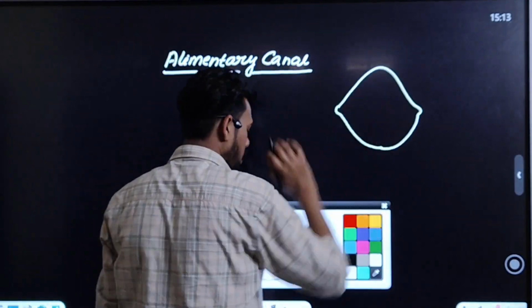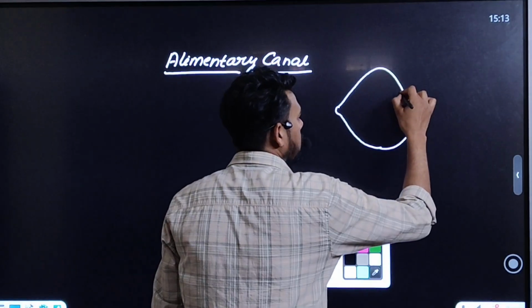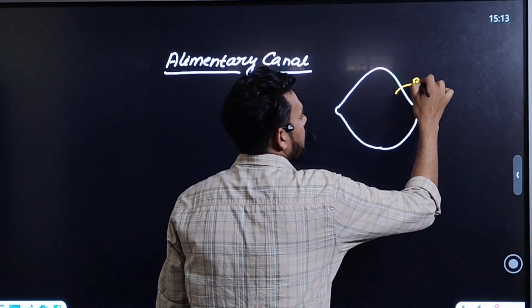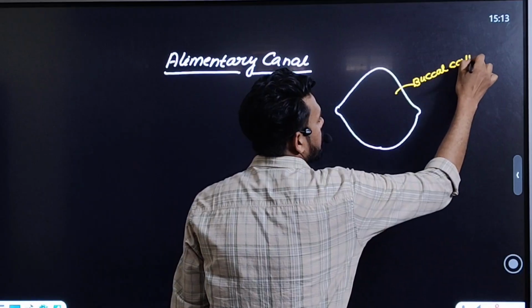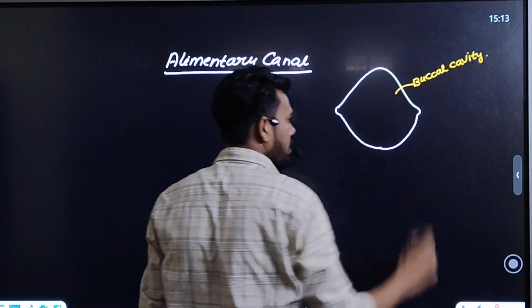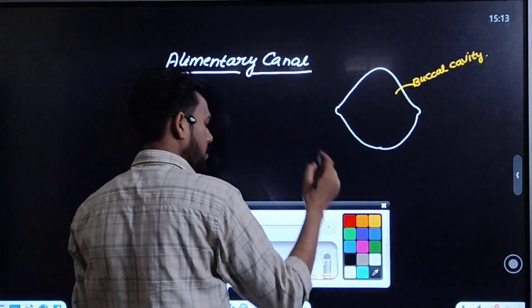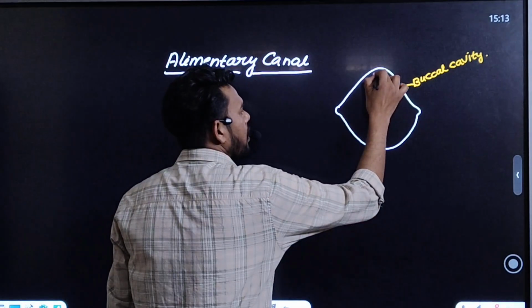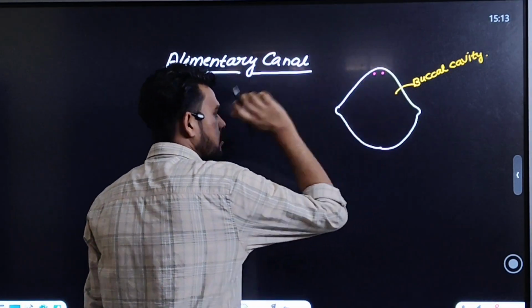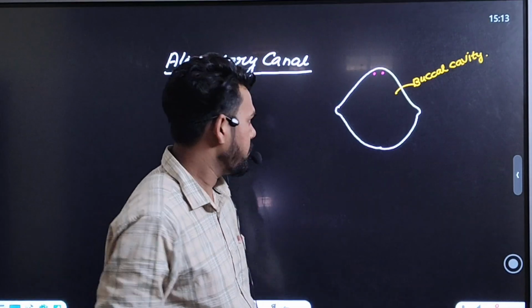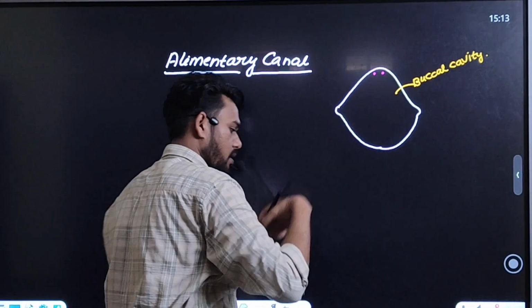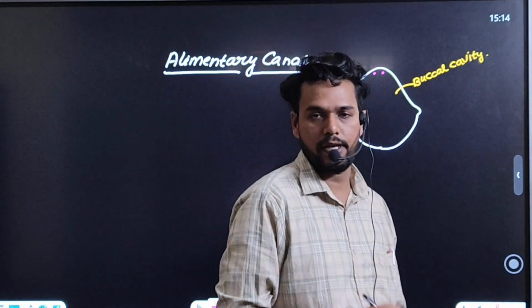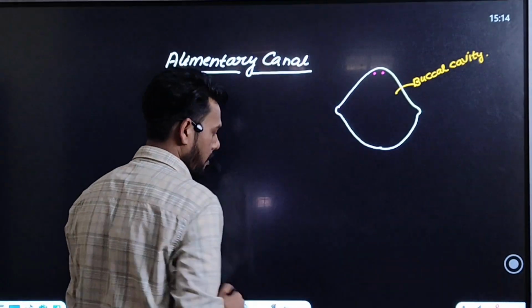The whole area inside this mouth is called the buccal cavity. Inside the buccal cavity, there are two openings at the anterior side. These are the holes of nostrils which open inside the buccal cavity, from where it takes oxygen from the atmosphere.